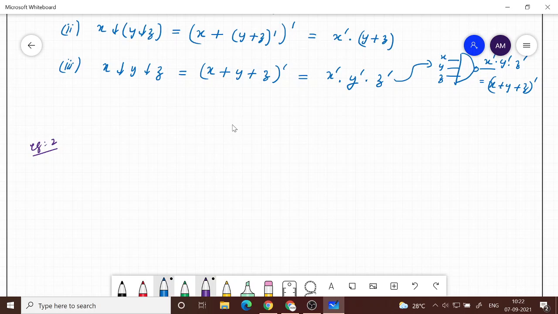But what is more interesting, maybe x, y, and there is a function f(x, y) is equal to x y complement plus x complement y. So 0 0 0, 0 1 1, then 1 0 1.